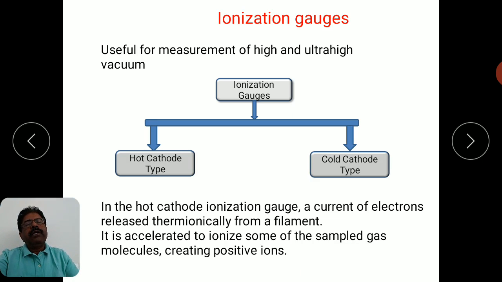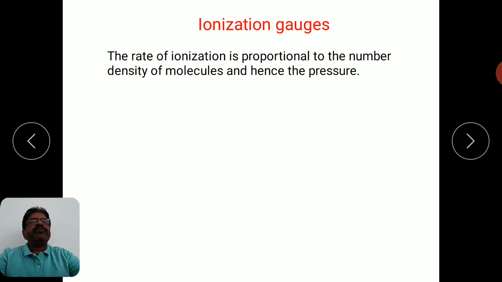So inside a vacuum chamber where we are going to fix this ionization gauge, it will ionize the gas molecules, and because of ionization it will create positive ions, and measuring this current we can measure the pressure, because you know that the ionization will be proportional to the number density or molecular density inside the chamber, and indirectly you can say it is proportional to pressure inside the chamber.